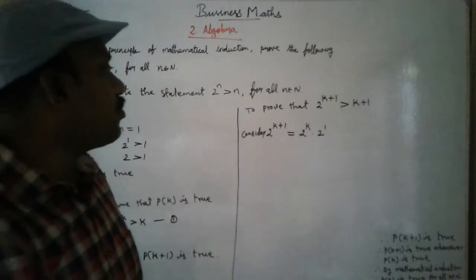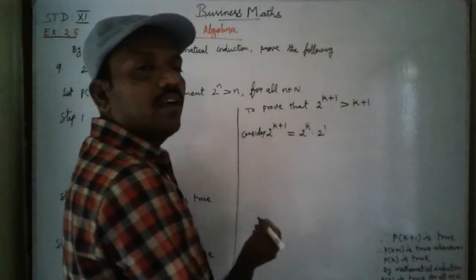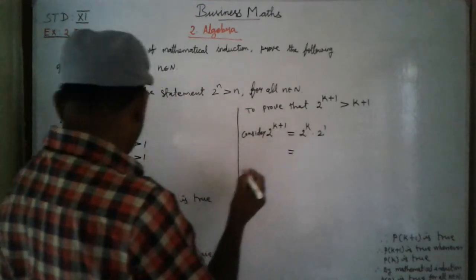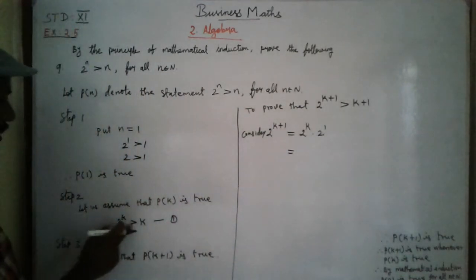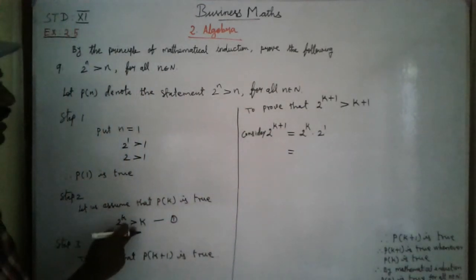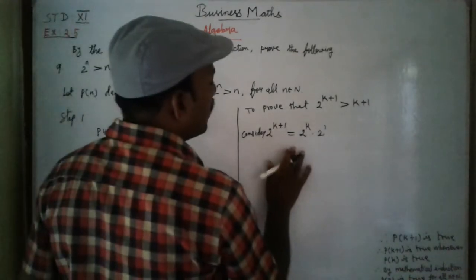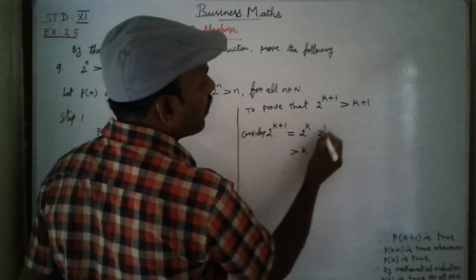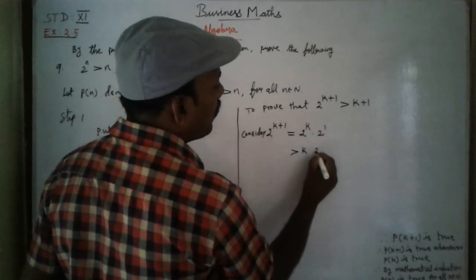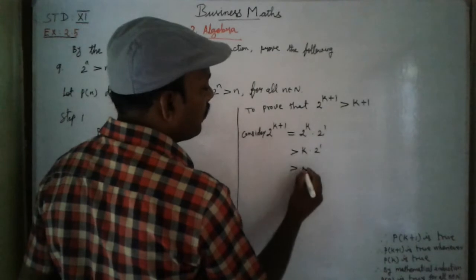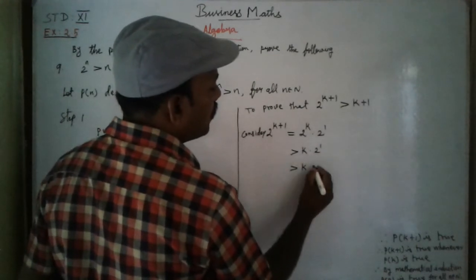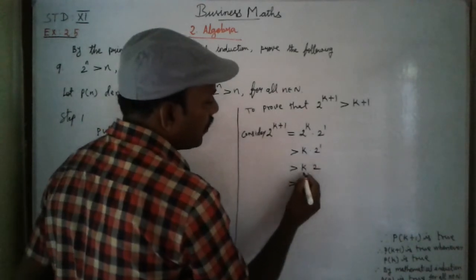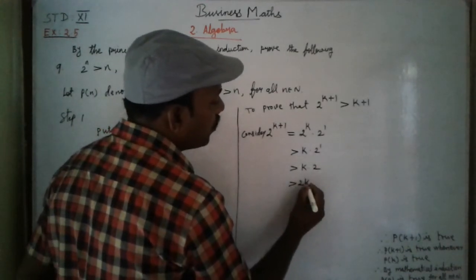We know that it's greater than k. So 2 power k into 2 power 1 is greater than k into 2 power 1, which is 2 into k, that is 2k.